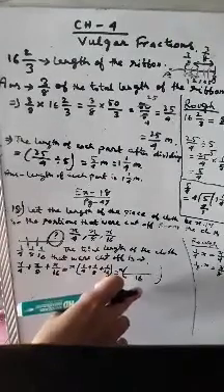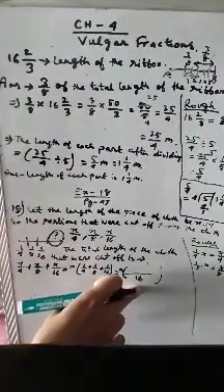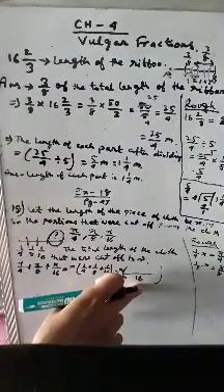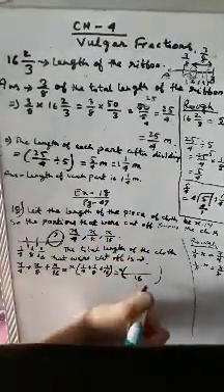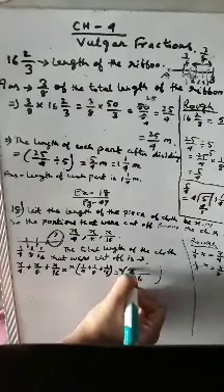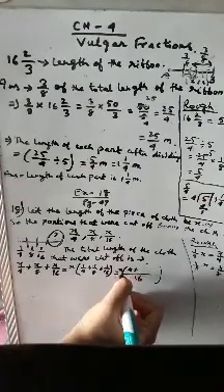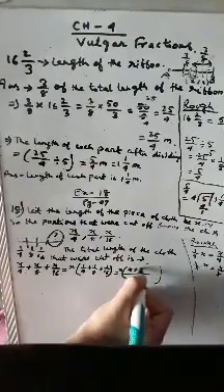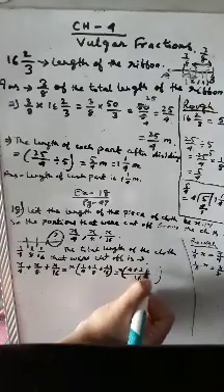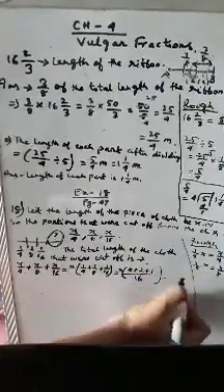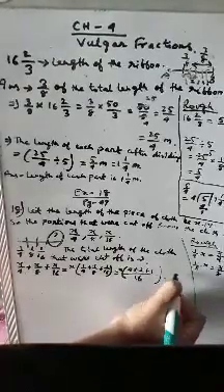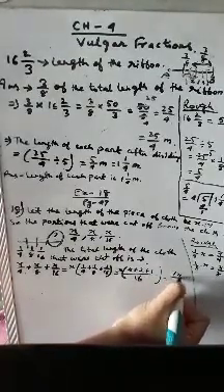So I can write 16 in the denominator. 16 divided by 4 is 4, plus 2, plus 1. So 4 plus 2 plus 1 means 7. So 7x by 16.